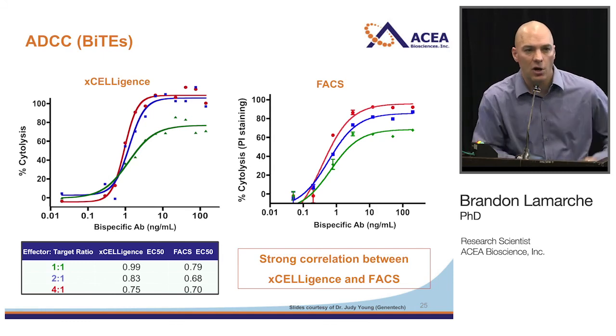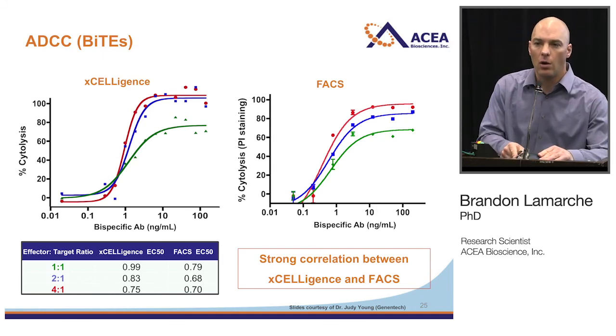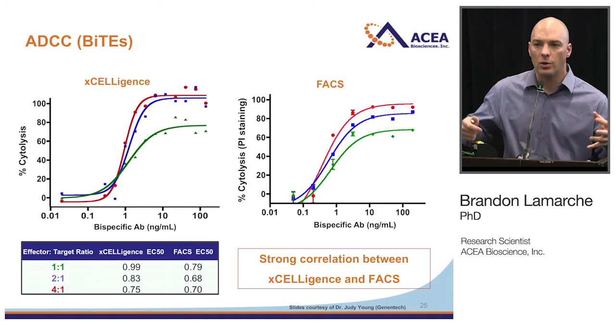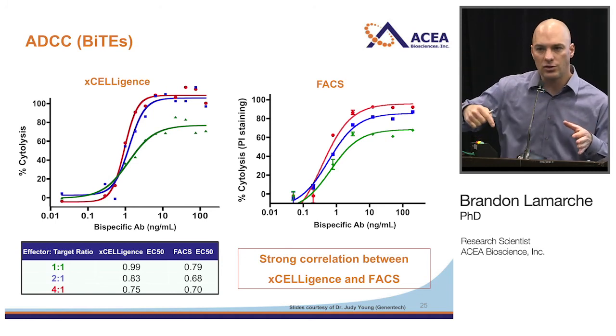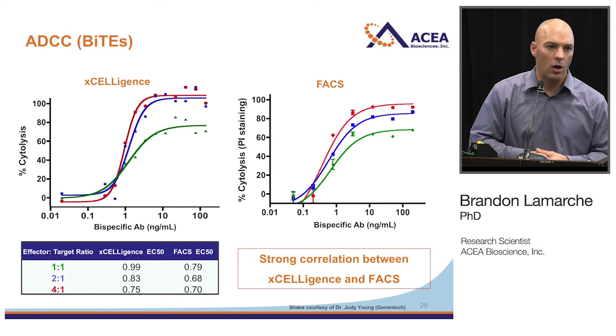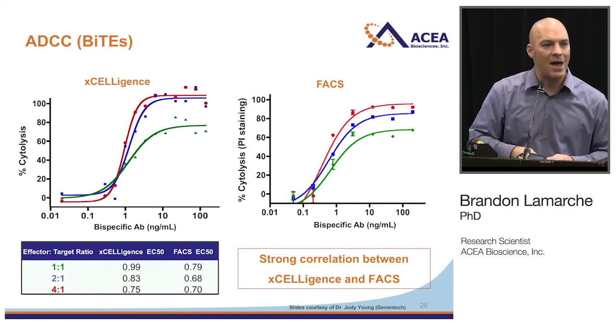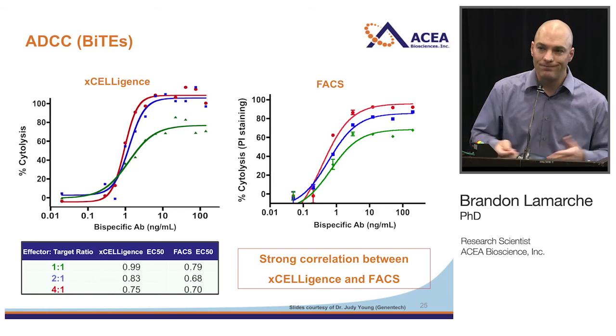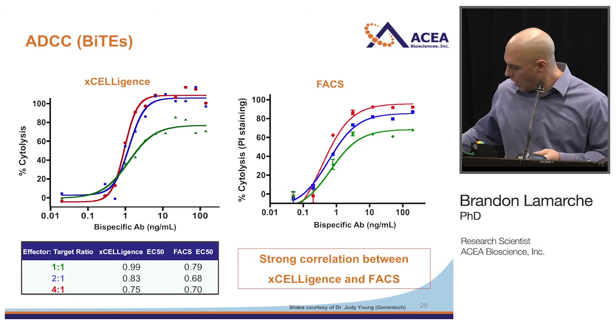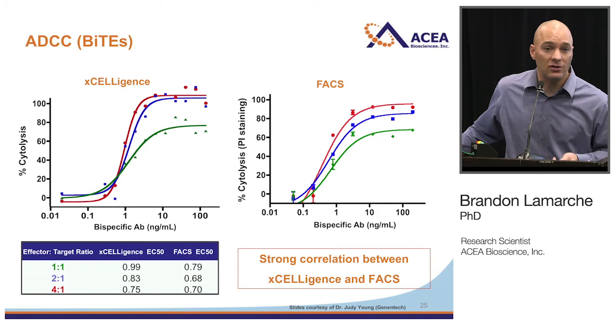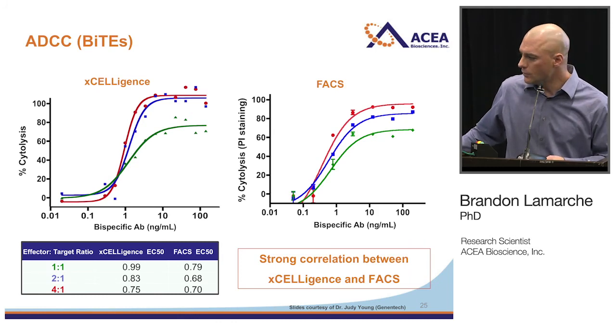This is a very common theme that we've seen throughout our work in our own labs, but also in the literature, where the data with xCELLigence correlates very well with orthogonal approaches. So it gives us a lot of confidence that these types of real-time assays are giving you data that's trustworthy and physiologically relevant.